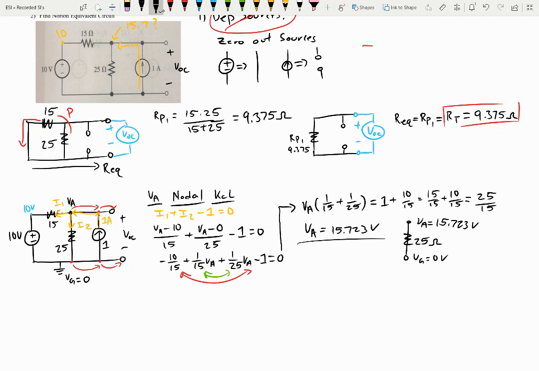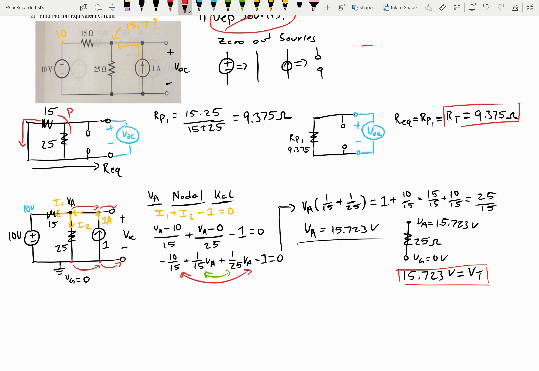So let's find the voltage drop across there, which would just be, any guesses? 15.723 volts. So that is your V Thevenin. Okay, so now we have V Thevenin.